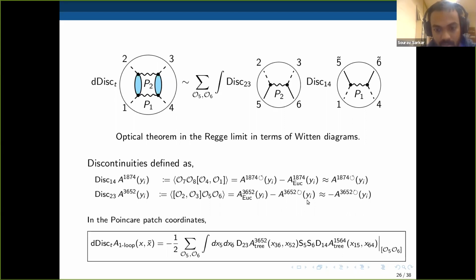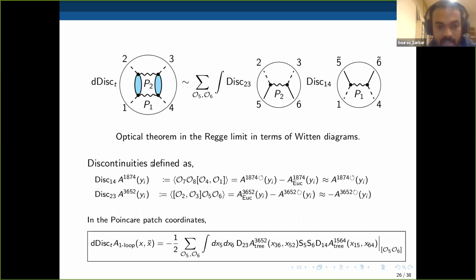And now in these Poincare patch coordinates, because we assumed each of the correlators to be in the Regge limit itself, we can also use the dependencies on these differences that are slightly separated. And these are basically the discontinuities here.